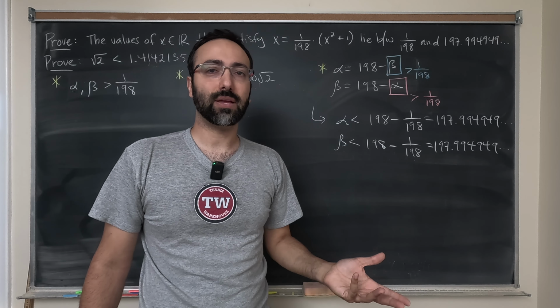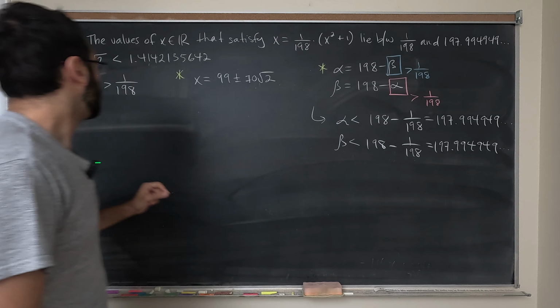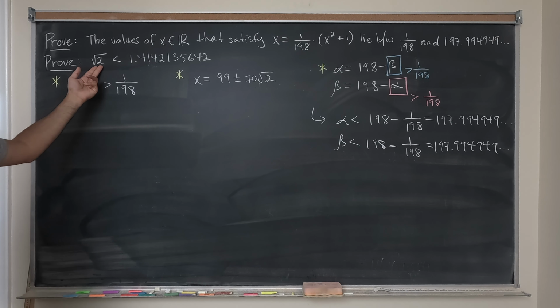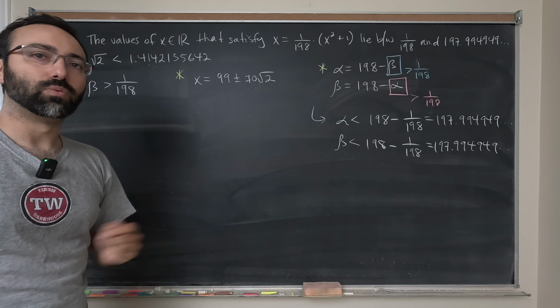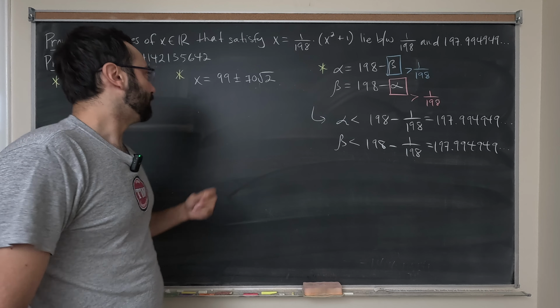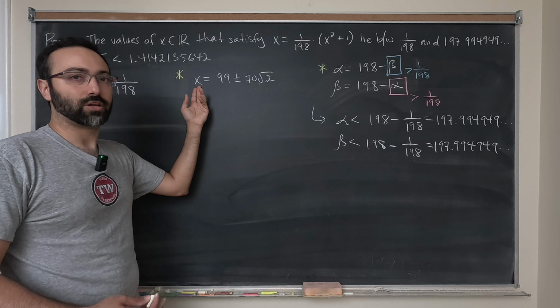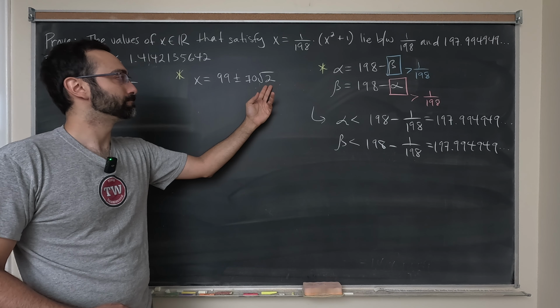Well, now we want to take what we have to help us prove the second part of our proof. Namely, we want to show that root of 2 is smaller than this value right here. Well, what can we do? Well, we know from earlier that the solution to our quadratic equation was x equals 99 plus or minus 70 the root of 2.